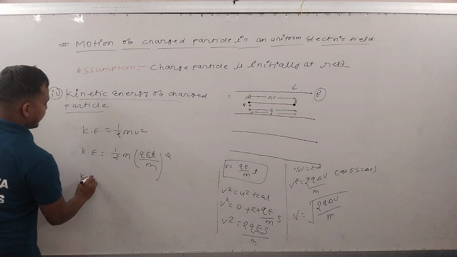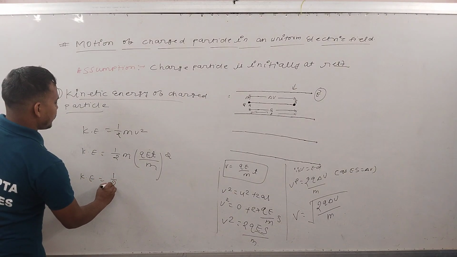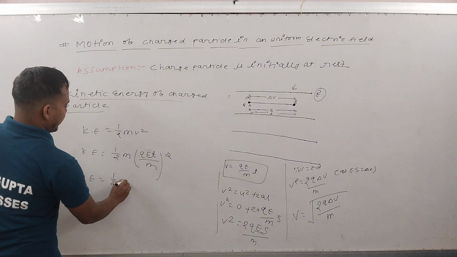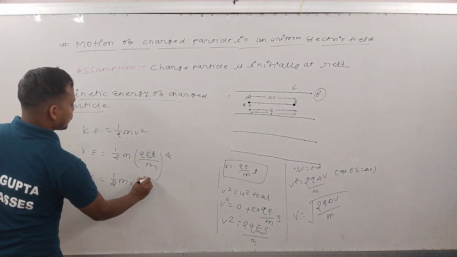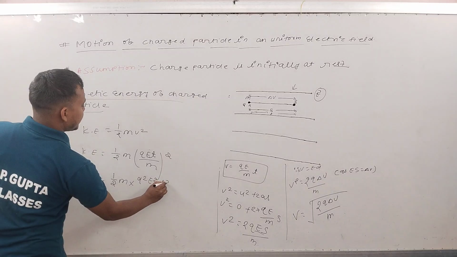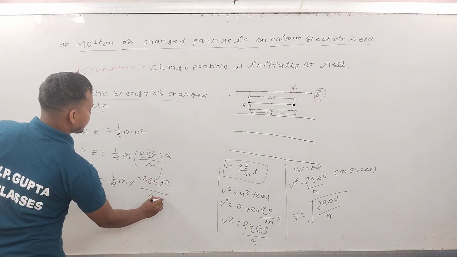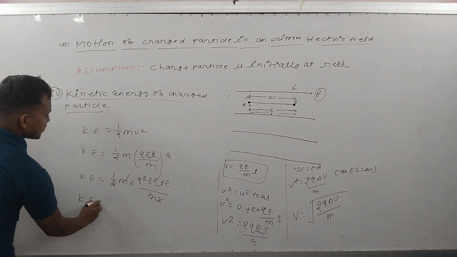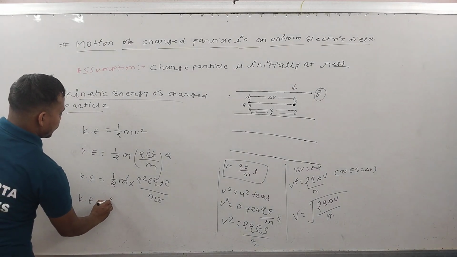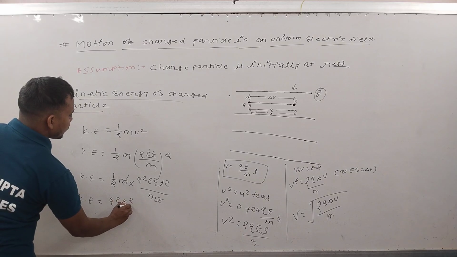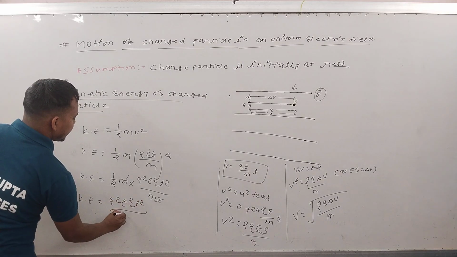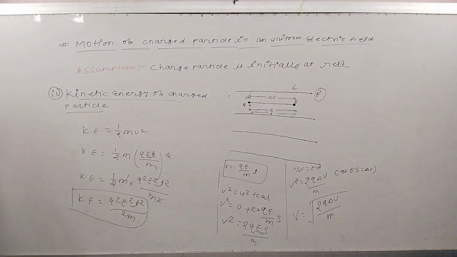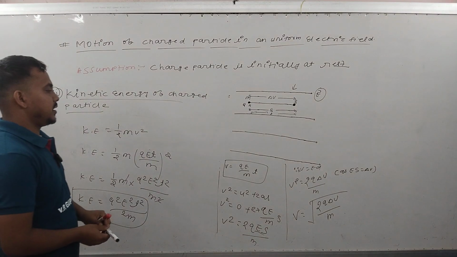Kinetic energy is equal to half into m into q square E square t square by m square. Cancel, so kinetic energy is equal to q square E square t square divided by 2m. This is our kinetic energy in terms of t.